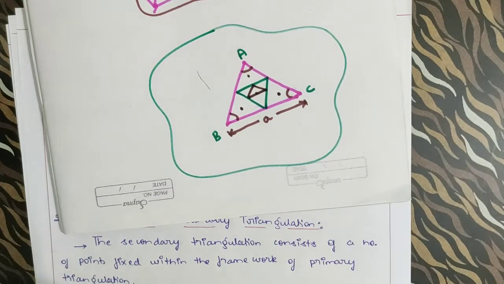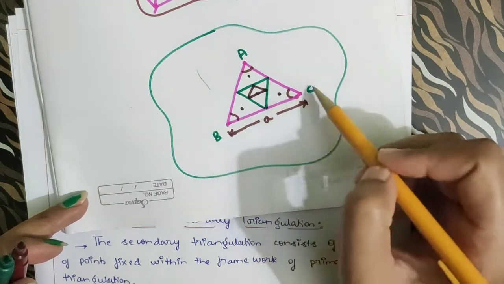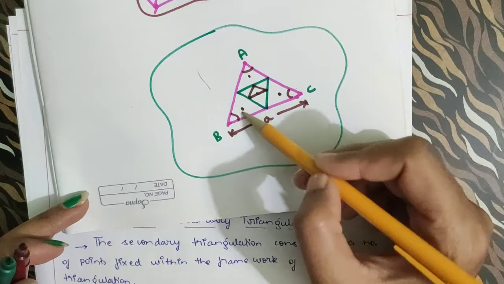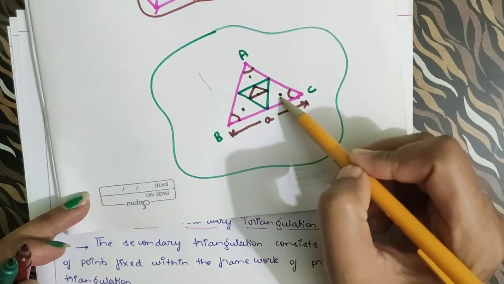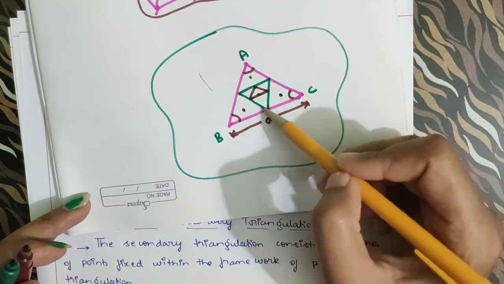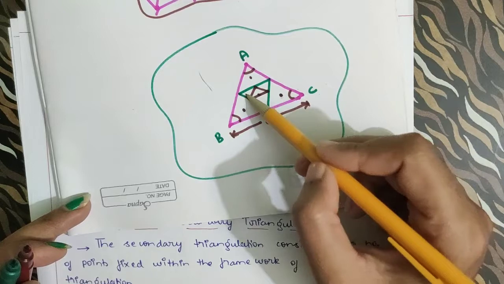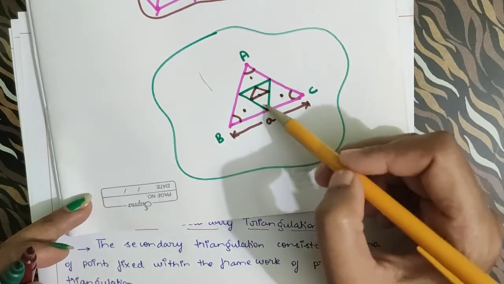So what we can say is, this is the primary triangle. This primary triangle has several secondary triangles in it, that is secondary triangulation figures. Then this secondary triangulation figure has some four tertiary triangulation figures in it.